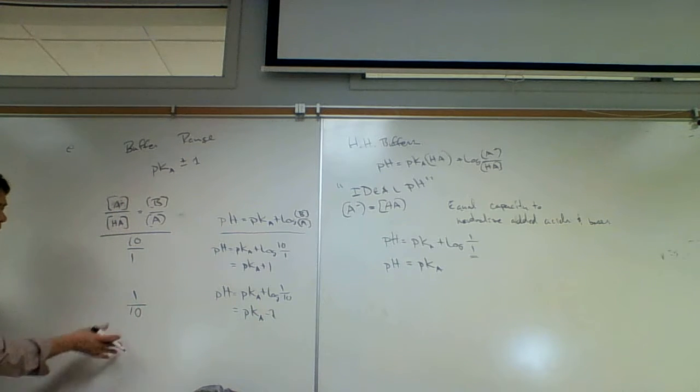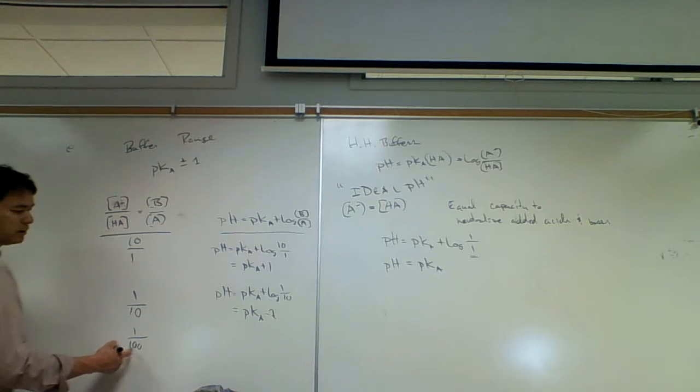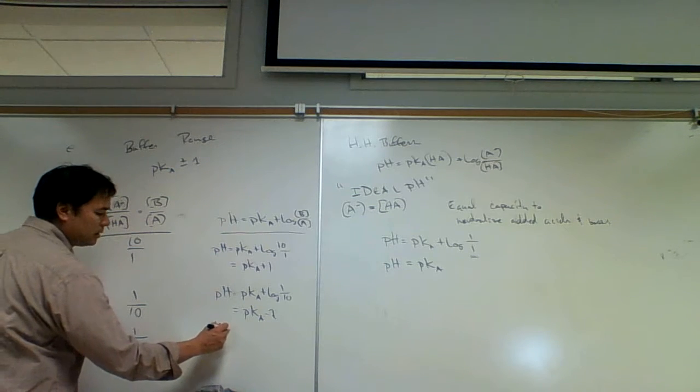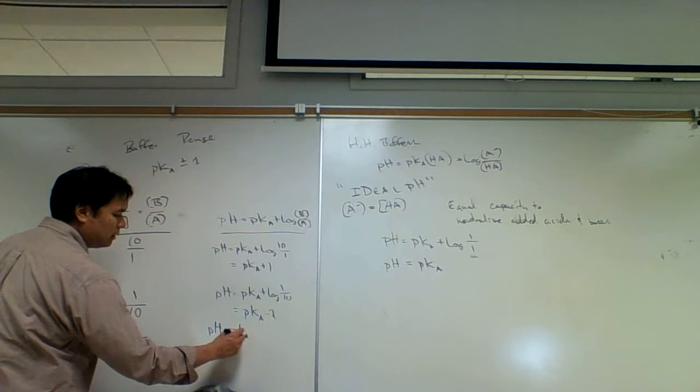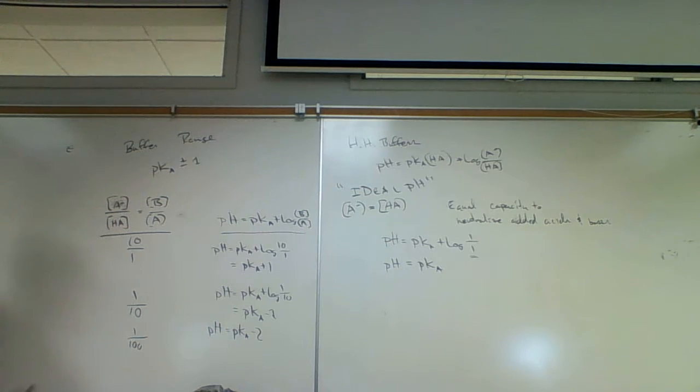If I go beyond that and make this even more lopsided, let's say I'm going to go to 1 to 100. If I go to 1 to 100, then the pH is equal to the pKa minus 2. And so this would be a much more lopsided base. And so this would be like, okay, I'm going to have 100 molar acetic acid and 1 molar sodium acetate. Can you even make 100 molar?